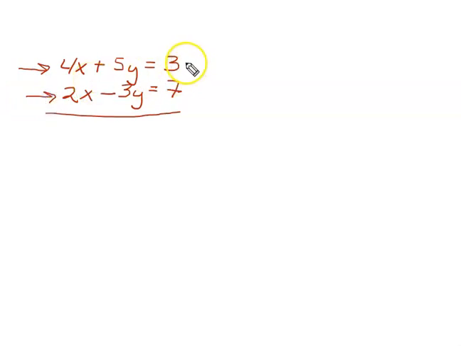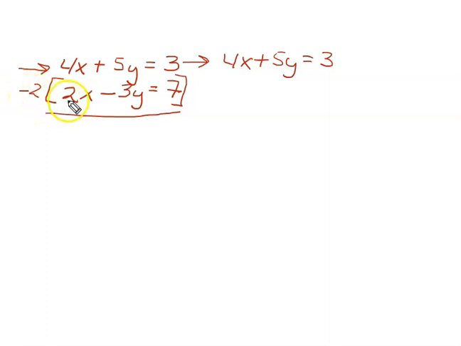Now, what I do is I put a little arrow here. This equation I'm not going to change at all. So this just becomes 4x plus 5y equals 3. But this equation, and I'm going to erase this, I'm going to put a little bracket around it, and I'm going to multiply each term, which I'm allowed to do, by a negative 2.